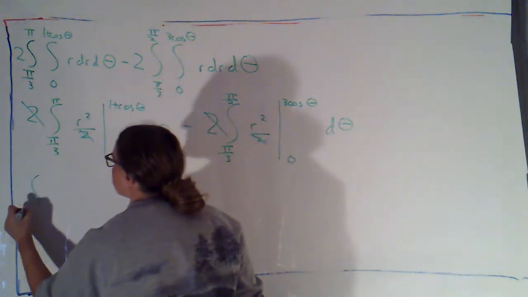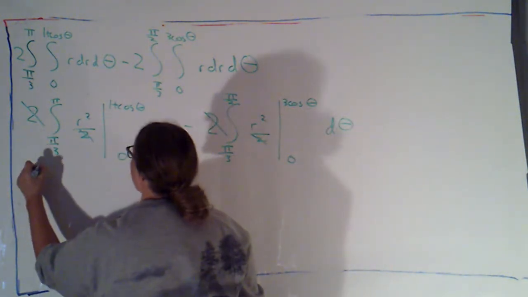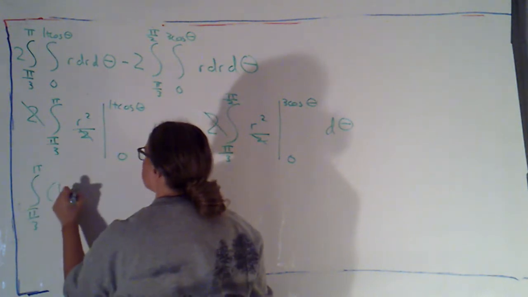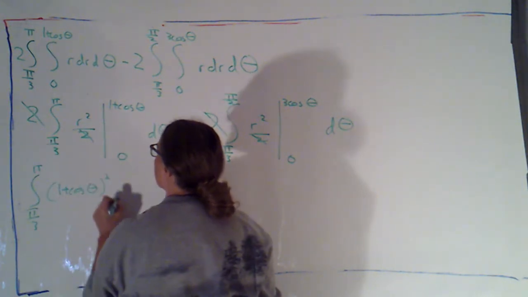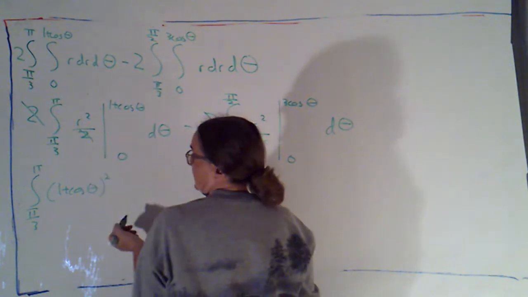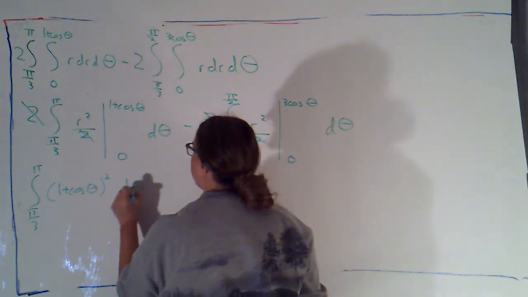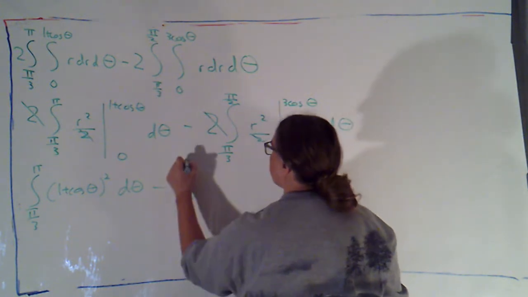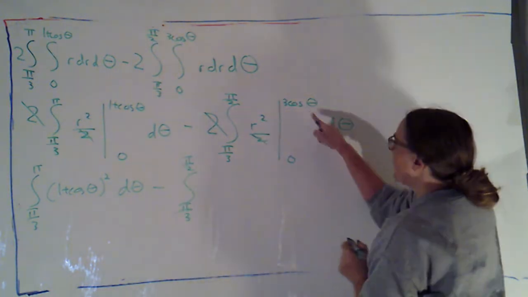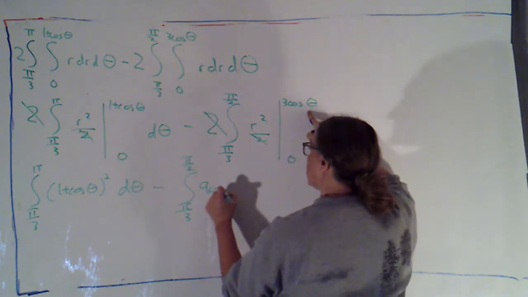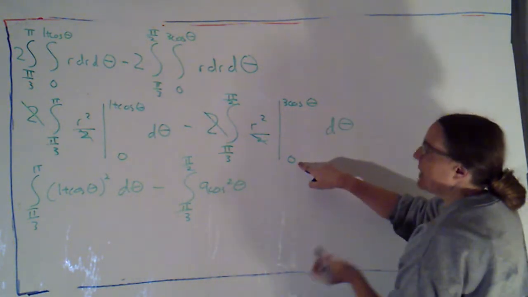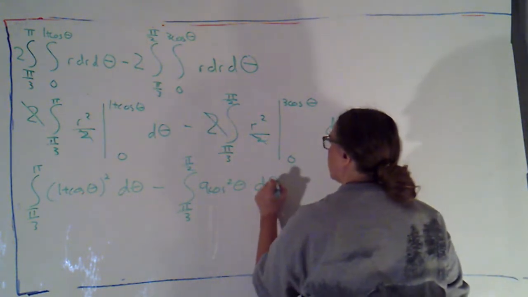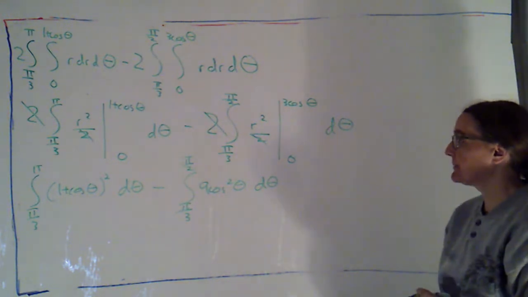Okay. So this piece becomes the integral from pi over 3 to pi of 1 plus cosine of theta squared minus just 0 d theta, minus this becomes the integral from pi over 3 to pi over 2 of 9 cosine squared theta minus 0, and we've got to integrate that with respect to theta.